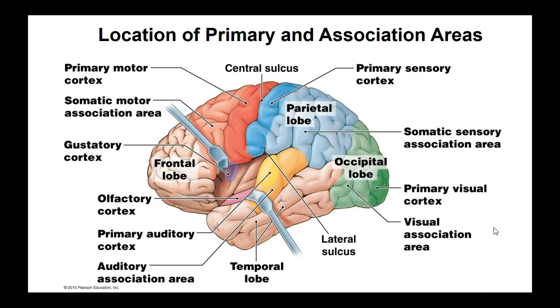If it's a sensory association area, it's interpreting or identifying that information. If it's a motor association area, it's going to be involved with generating a plan, and then the primary motor area is going to be sending out that plan.